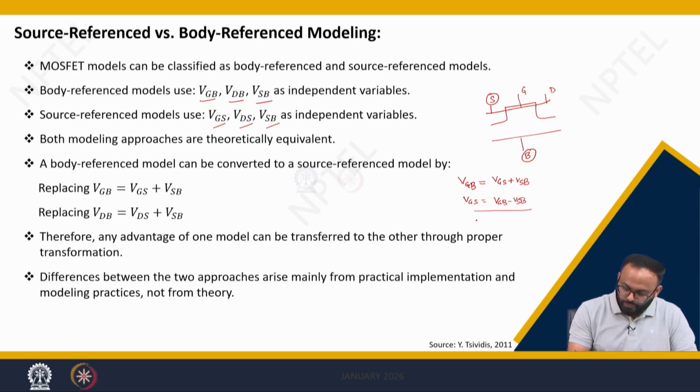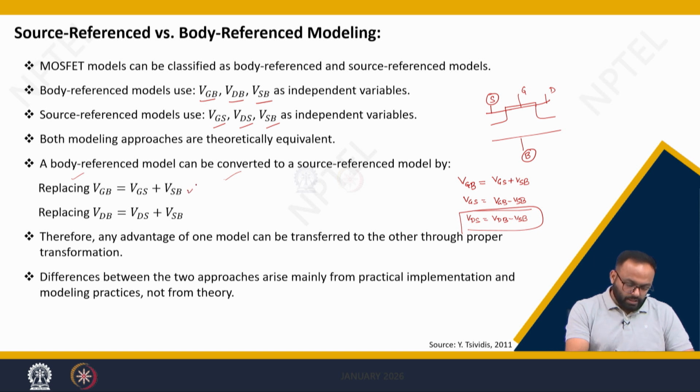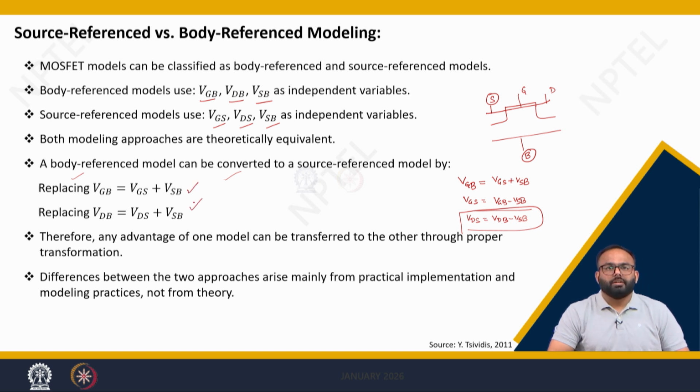Similarly for the drain side, VDS equals VDB minus VSB. So a body reference and a source reference model can be converted into each other by simply replacing with this, and the advantage of any one model can be transferred to the other model by using proper transformation.